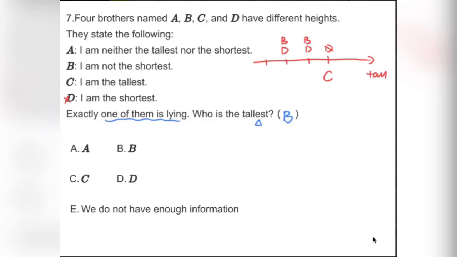A said, I'm not the tallest or the shortest. So for A, also in the middle. So actually, you see that there is something strange. If D is the liar, then no one is the shortest one, right? So that is why for such a question, the only possible way is that C is the liar, and then B is the tallest one, okay?